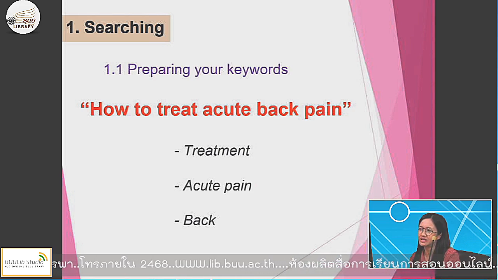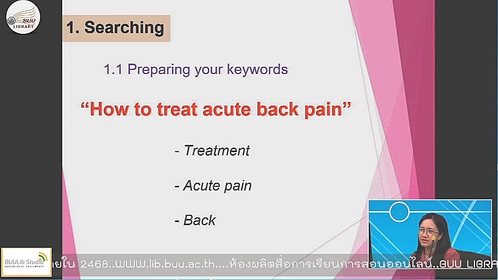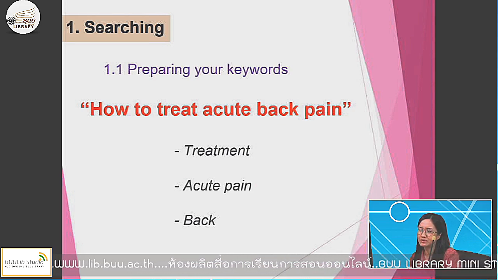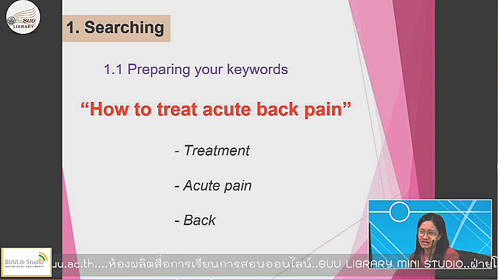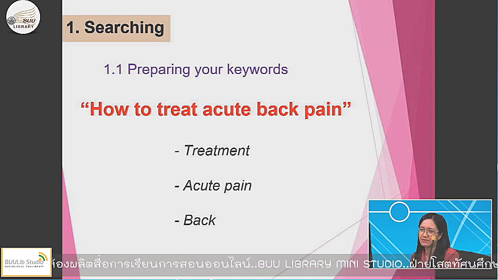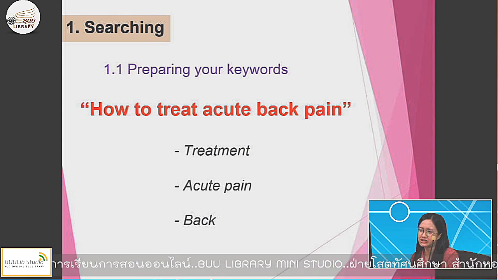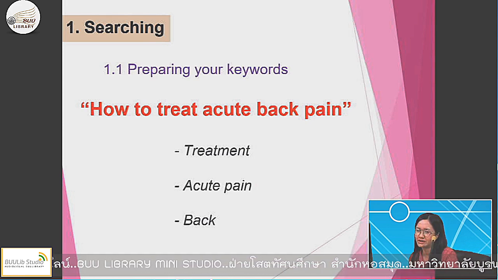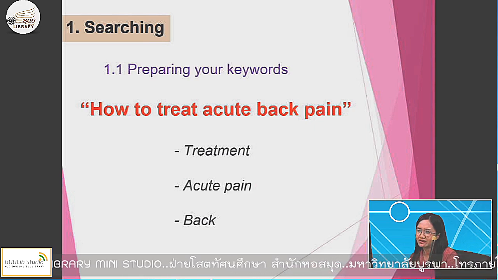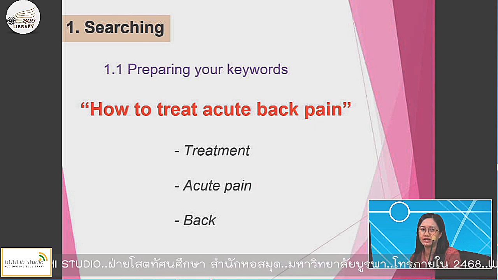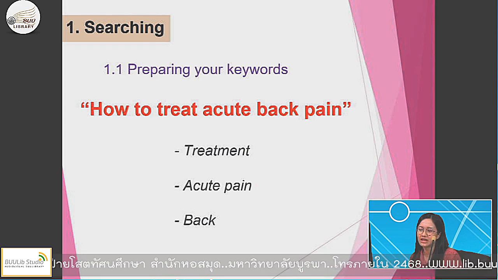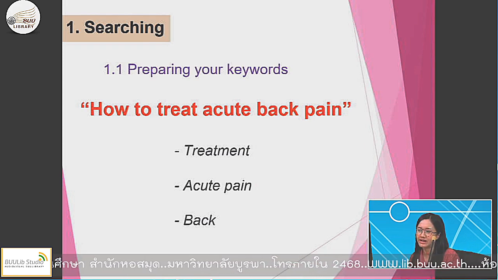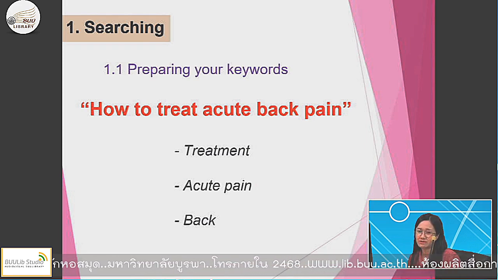From the searching, 1.1, you have to prepare your keywords first. For example, you think, I want to do research about how to treat acute back pain. But you cannot type it like this in the e-databases. You have to think about the keywords, like analyzing them from the topic.